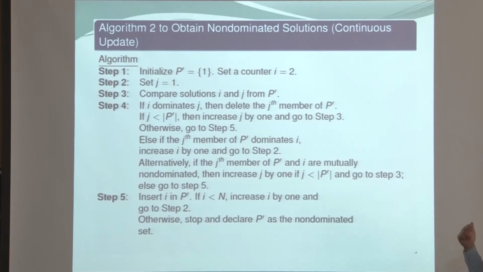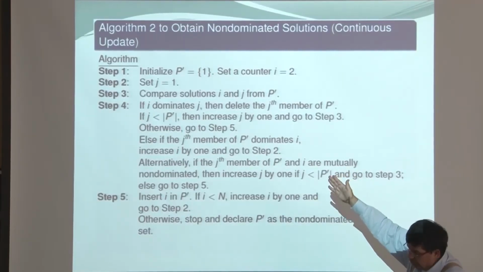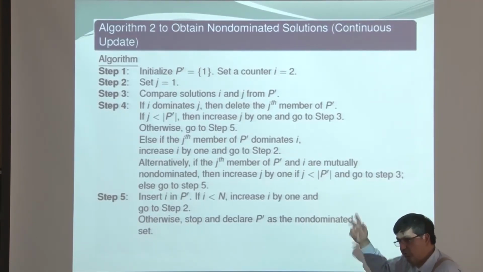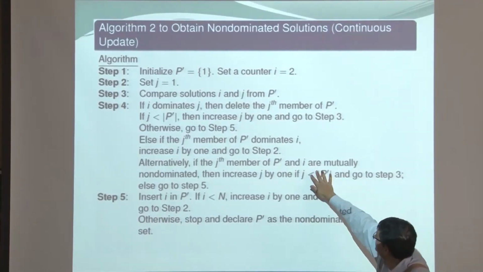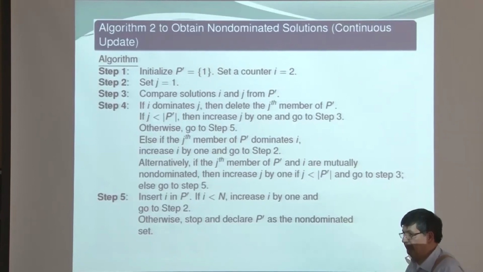Then you go to j equals 2, you increase j by 1, and compare again A3 with the second element of P prime, and in the opposite direction. It will happen they are mutually non-dominated, so it's this case, and then you add 3 to the set. So now you have 1, 2, and 3.